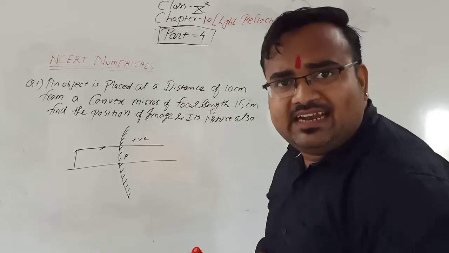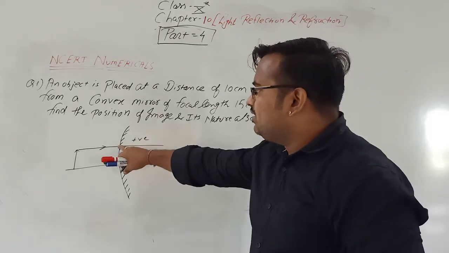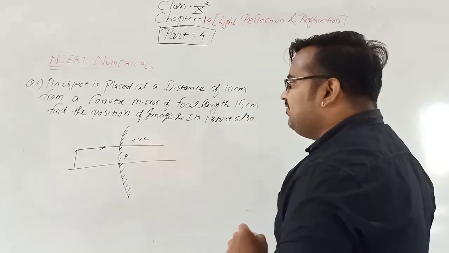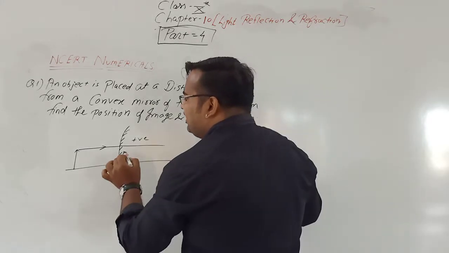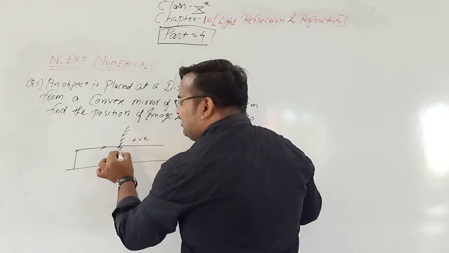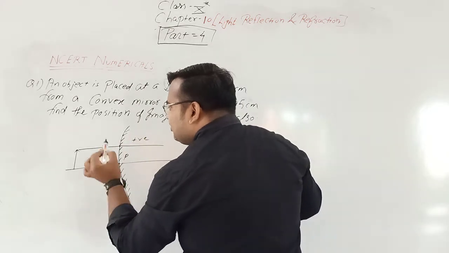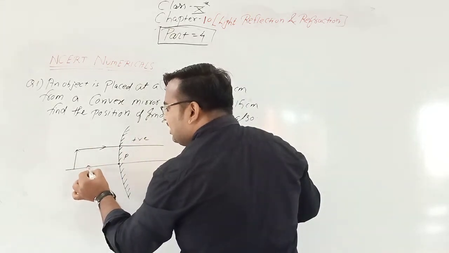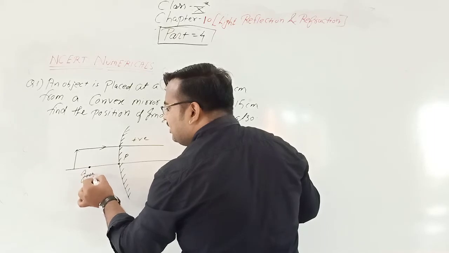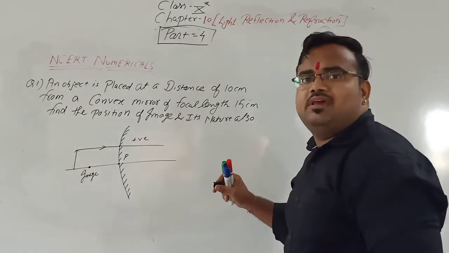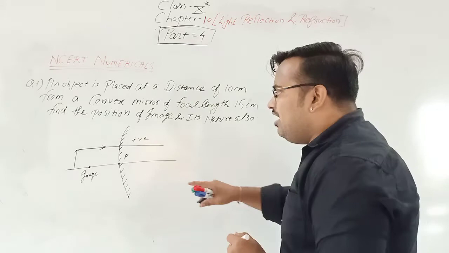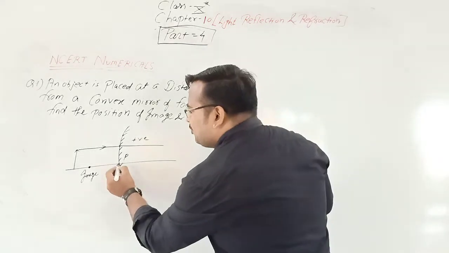Now after reflecting through the smooth surface of the mirror, suppose the image is formed here. That means we are measuring the distance from the pole.